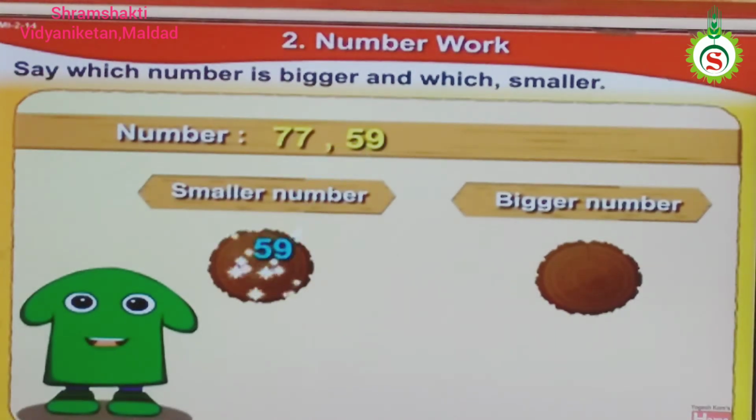You're right, 59 is smaller and 76 is bigger. 39 and 9. 9 is smaller and 39 is bigger. 14, 35. 14 is smaller and 35 is bigger. 67, 32. 32 is smaller and 67 is bigger.